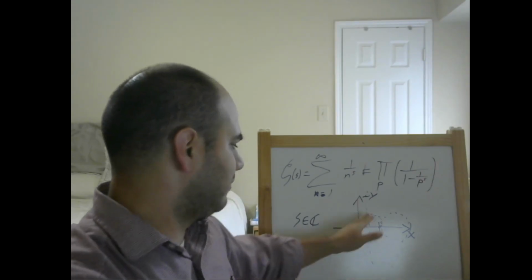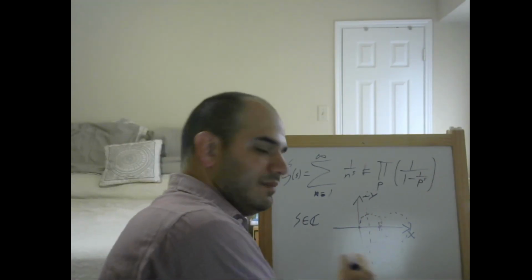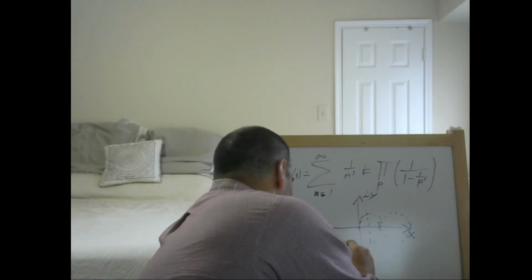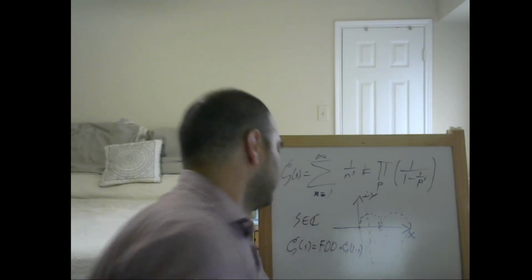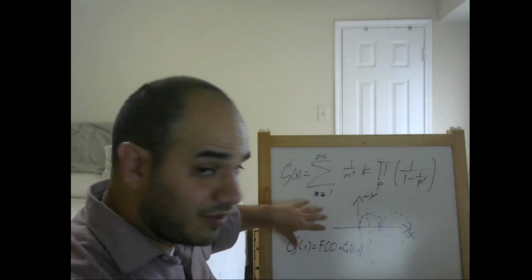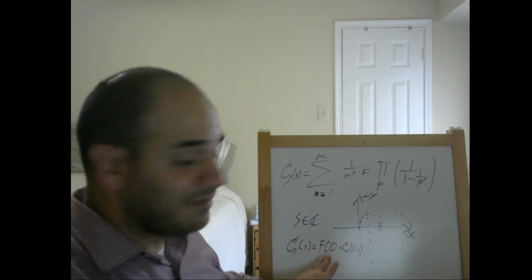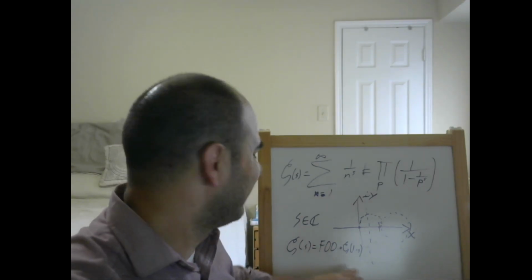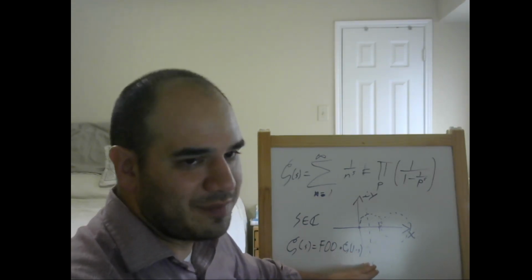Okay. And so the functional equation is something like, if you want to know zeta of s over here, it's something, so right, foo, some placeholder, something, times zeta of 1 minus s.